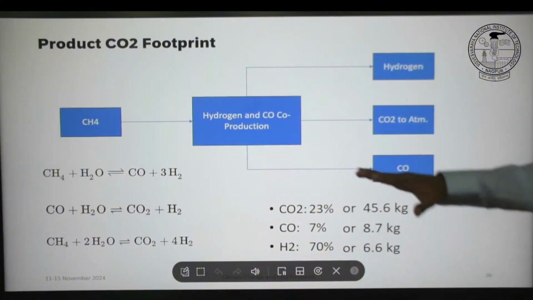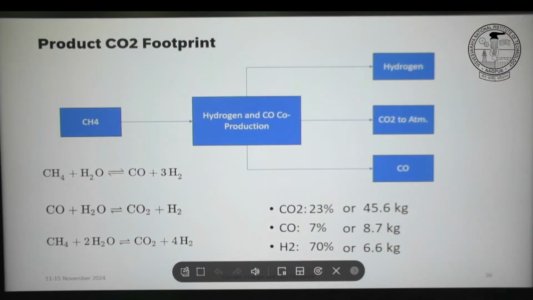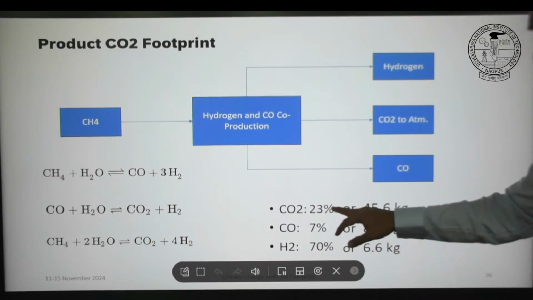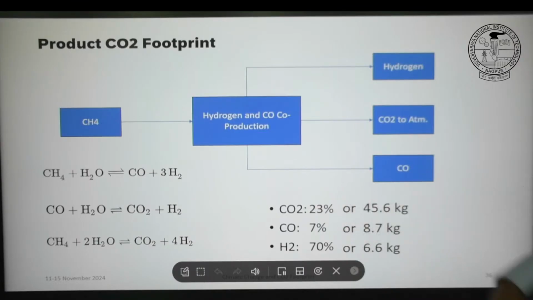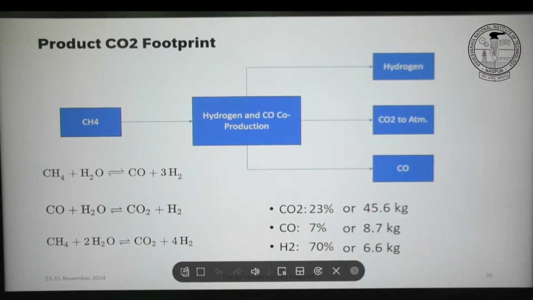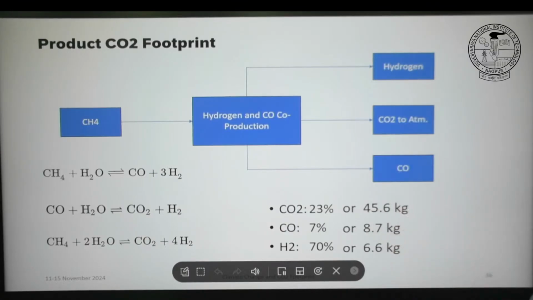Altogether, without going into detailed calculations, we start with natural gas and end up producing 70% hydrogen, and the remaining goes to CO and CO2. So basically we are producing 6.6 kg of hydrogen, 8.7 kg of CO, and CO2 is, let's say, an unwanted product.